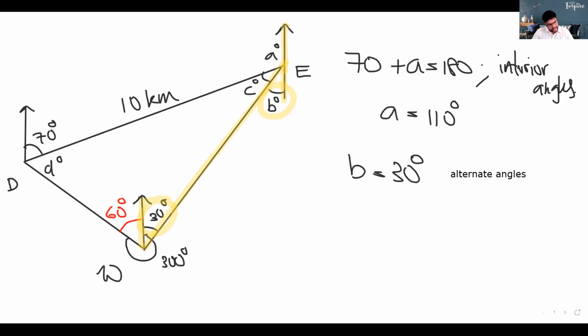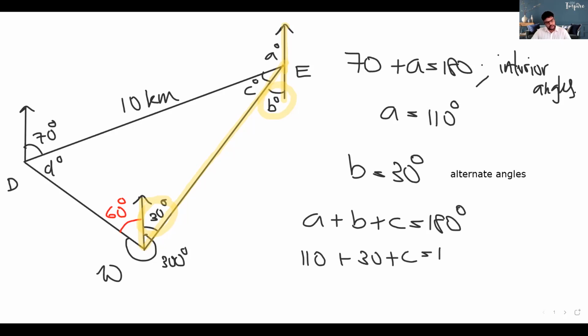A plus B plus C should be 180 because the angles are on a straight line. So we know A is 110, and B is 30. And we need C. Once you subtract, you get C is equal to 40 degrees. That is the answer.